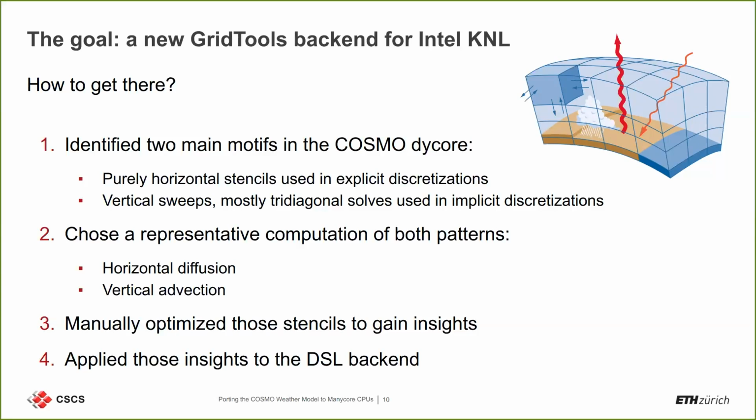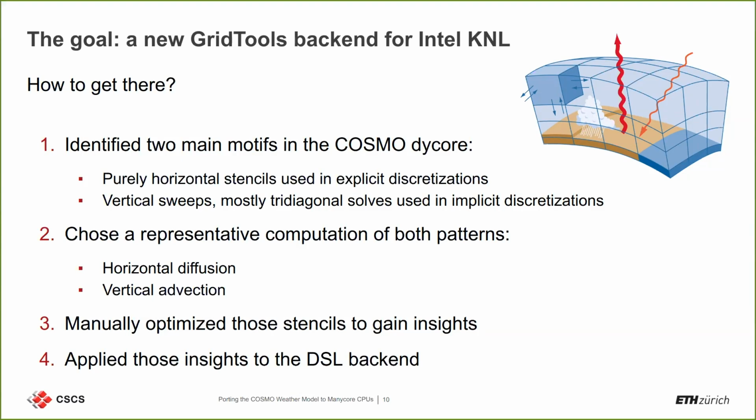So the motifs come from this discretization, and actually the vertical computations are usually quite local, so they are tridiagonal solvers in most cases, while the horizontal stencils differ a bit, but are just coming from the explicit numerical discretizations.